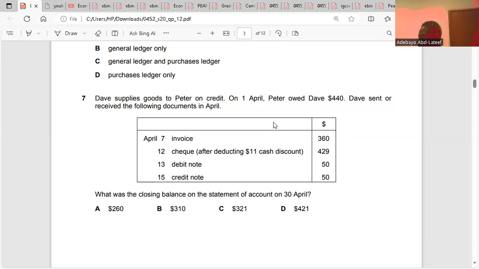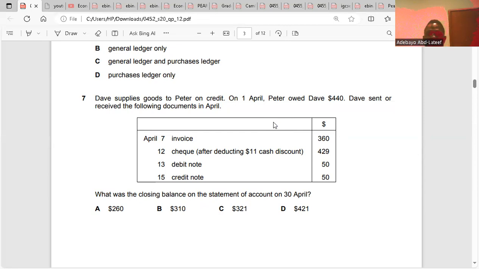Let me calculate it. That's 321. It's 321 minus 11 if the payment was made at the end of the month.